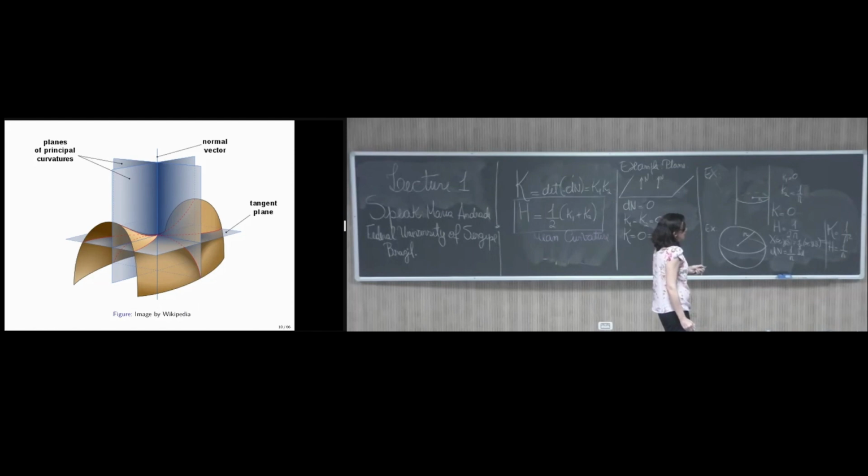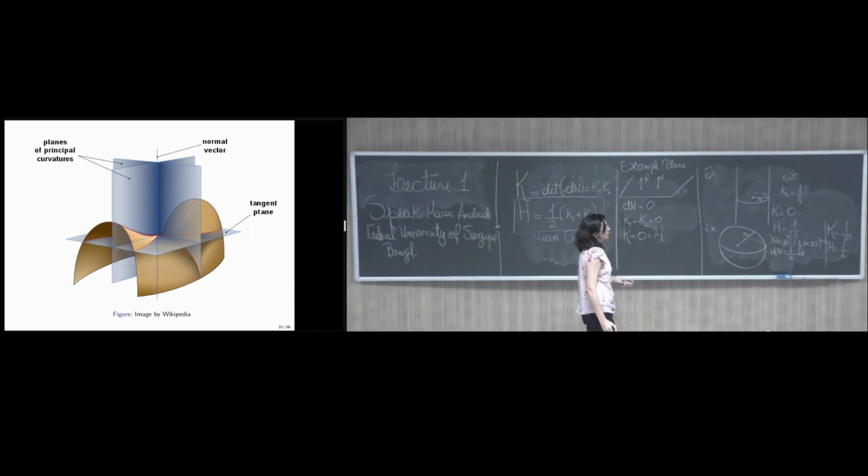Then you can define a normal vector. With this normal vector, you can define a family of planes that intersect the surface, and you have a family of curves.